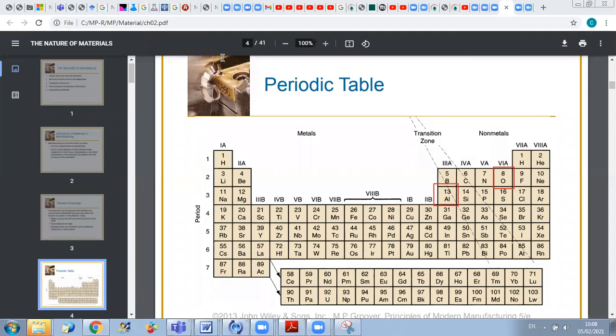So the ions involved are Al3+ and O2-. What are the corresponding numbers needed? How many aluminum atoms should be combined with how many oxygen atoms?